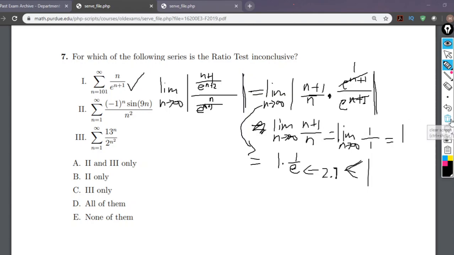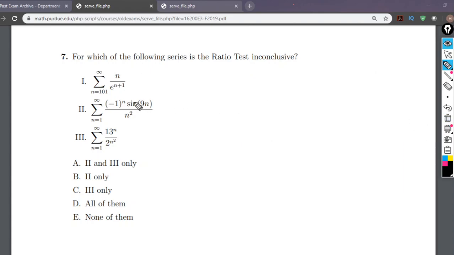Right. So now let's move on to number 2. Still the same idea. We're taking the limit as n goes to infinity of the absolute value of this at the n plus 1 term.